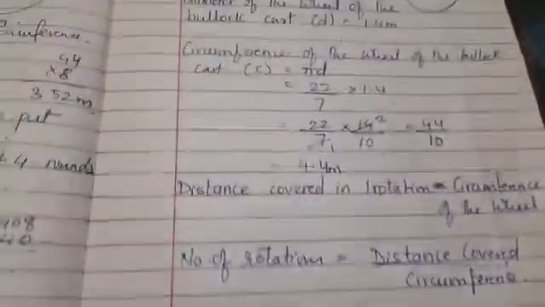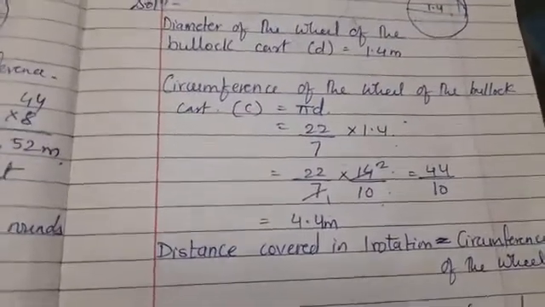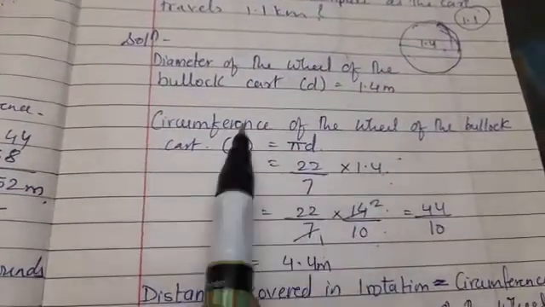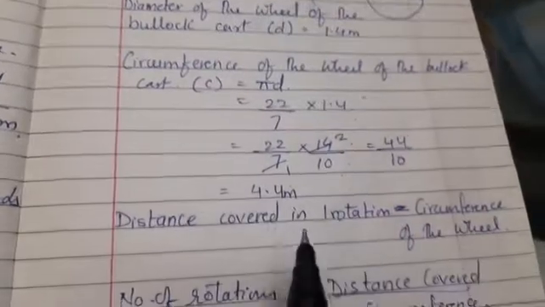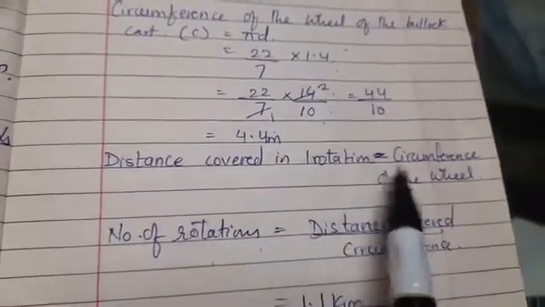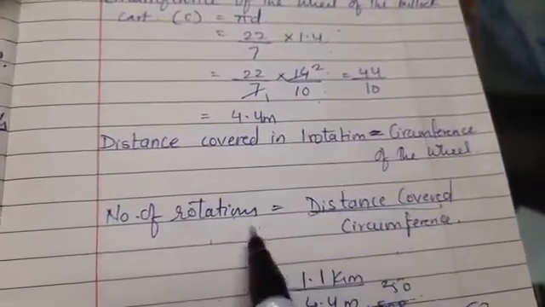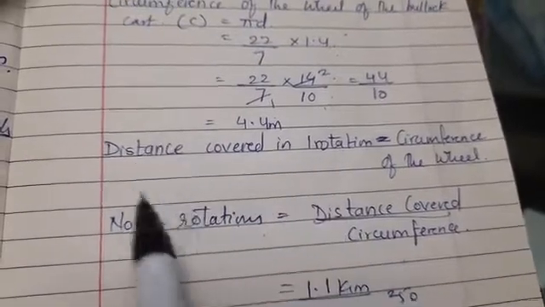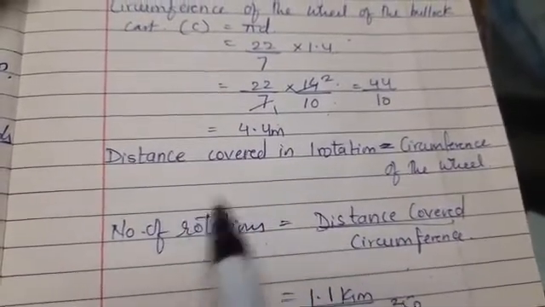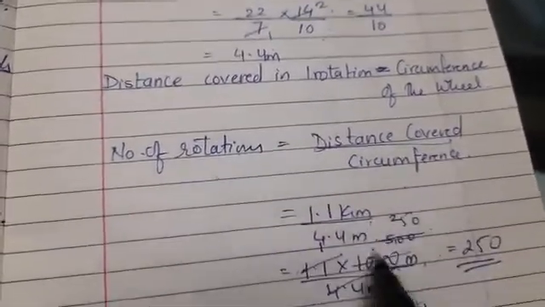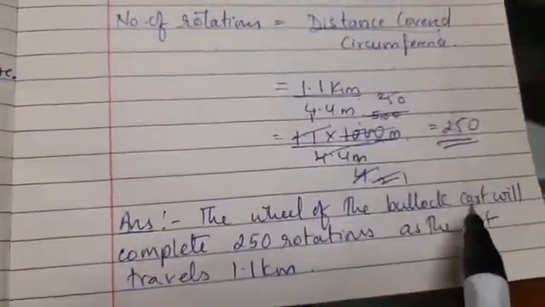Okay, so this is your sum. What we did, first we took the diameter, found the circumference, then one rotation is equal to the circumference of the circle. Then we calculated the number of rotations that the wheel has to go round and round to reach 1.1 kilometer, and that is 250.